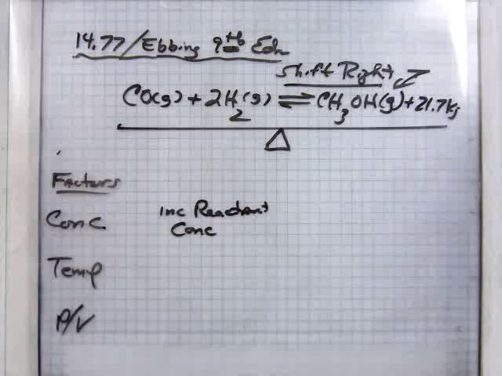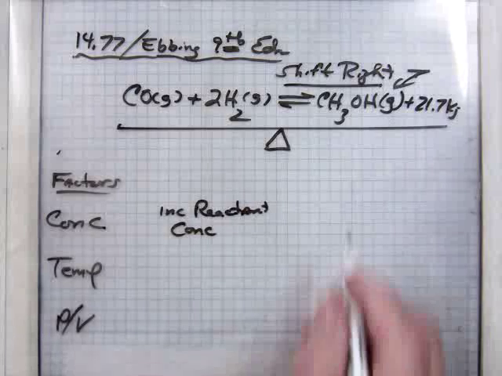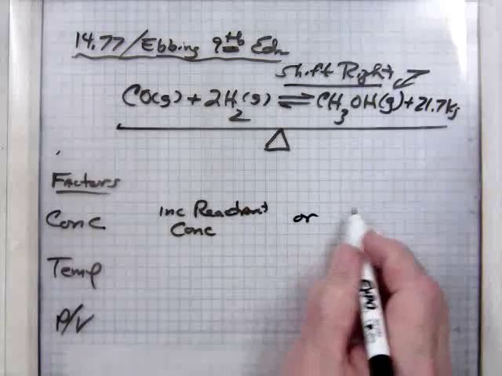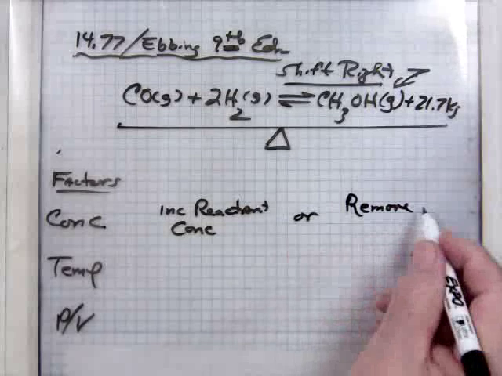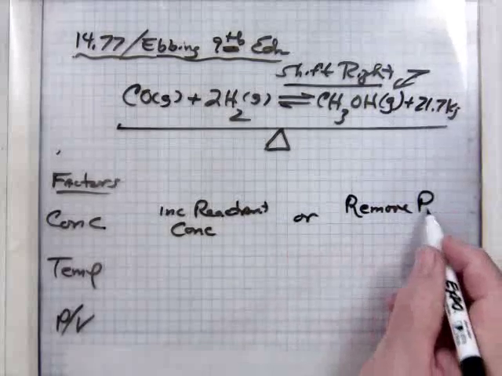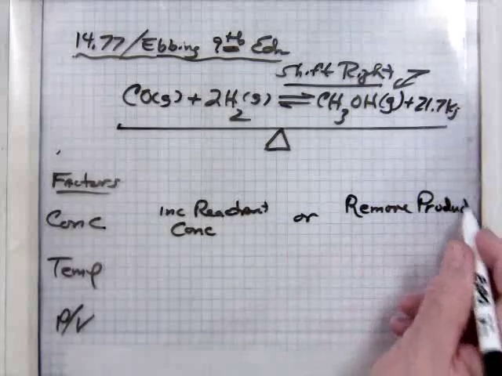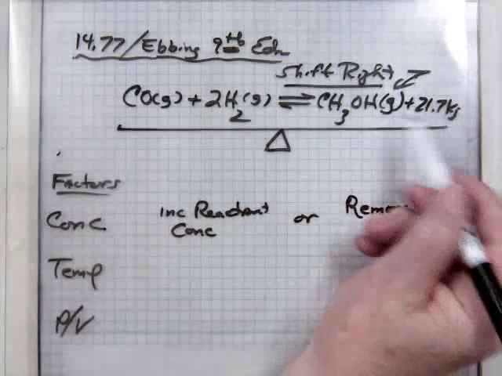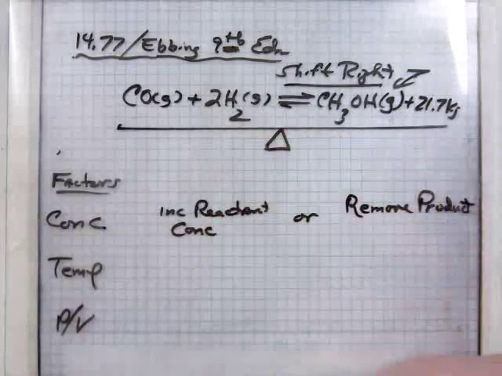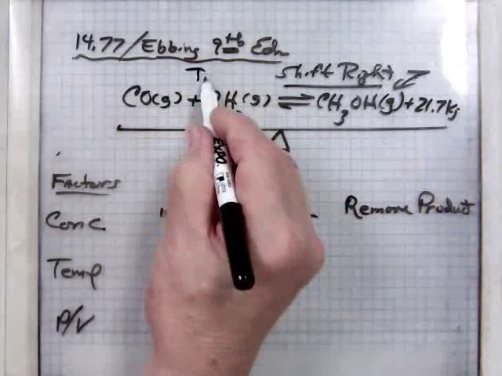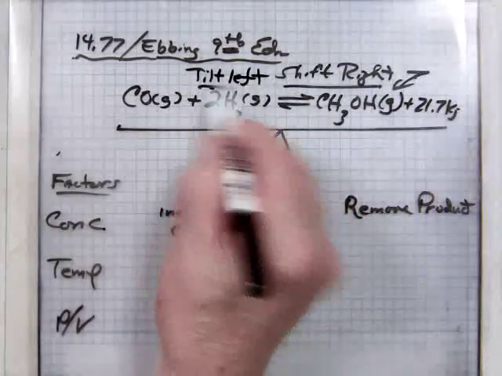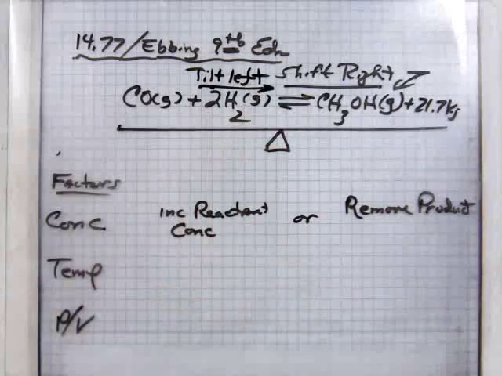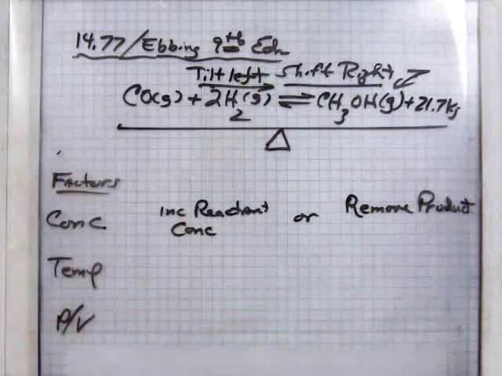Or if you want to keep the reactant feed constant, remove products as the product is generated. Because removing the product would tilt left, shift right. You want tilt left, and then shift right. Okay, so you have two options in that case.